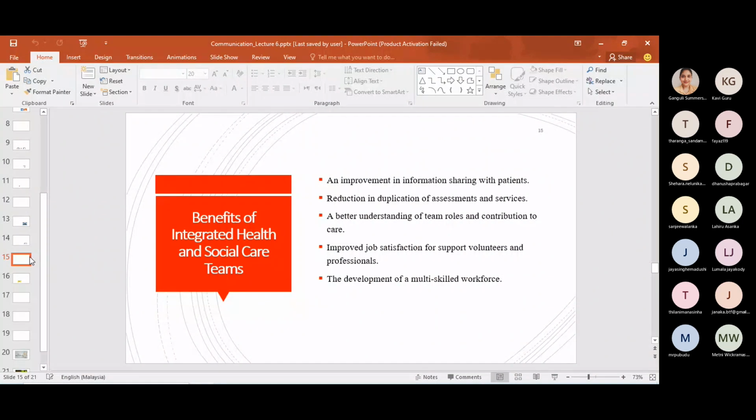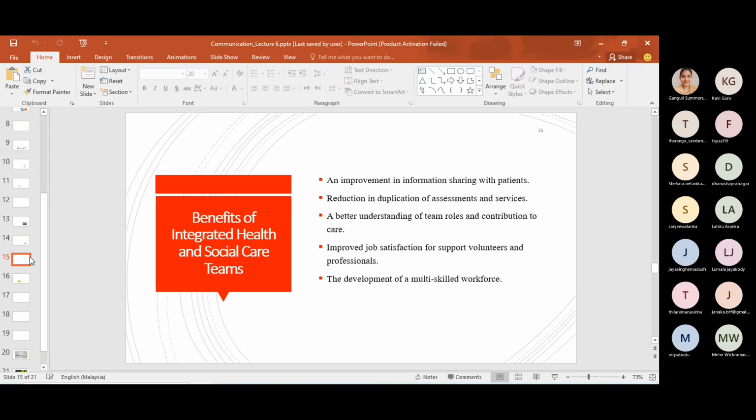And you will get a chance to mingle with people who have different attitudes and different opinions. So in partnership working, you get a chance to understand more about team working and improve your team working skills.